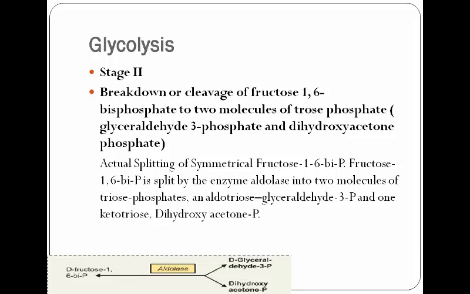Fructose 1,6-bisphosphate is split in the presence of the enzyme, and two molecules of triose phosphate, 3 carbon sugars, are formed. One is the aldotriose glyceraldehyde 3-phosphate, and the other is the ketotriose dihydroxyacetone phosphate.